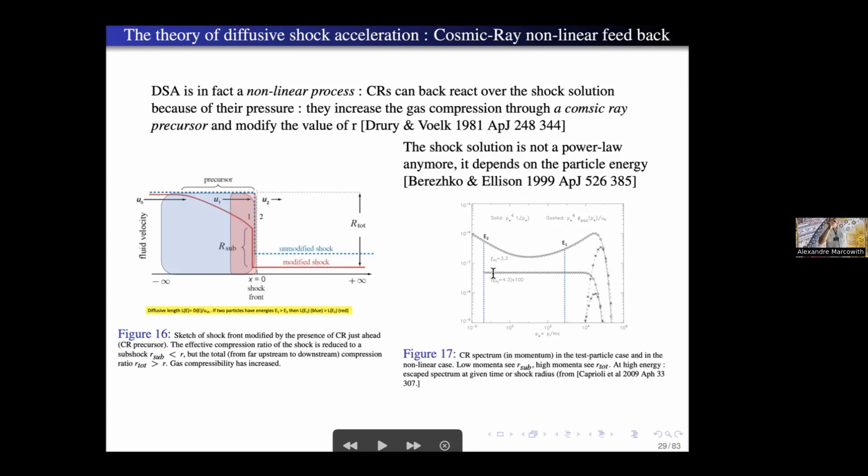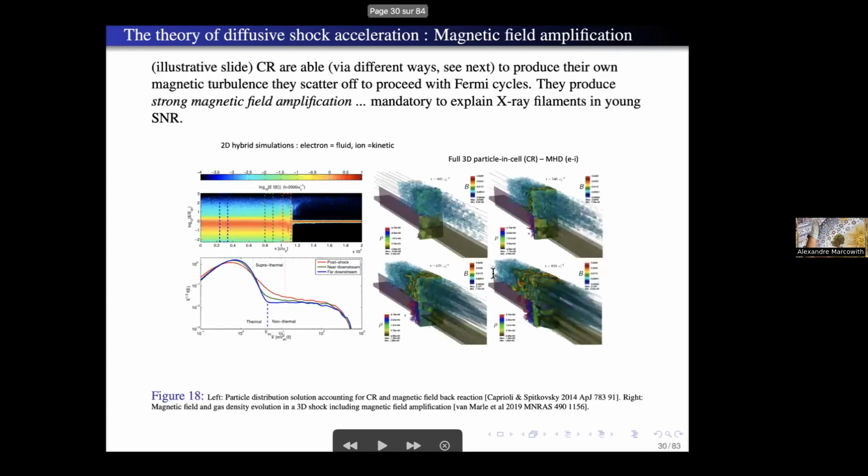And here is the escape fraction of the particles. Now, in order to answer your question about the fraction of the kinetic energy of the shock which is imparted to the particles, it's a difficult question because it's really microphysics.